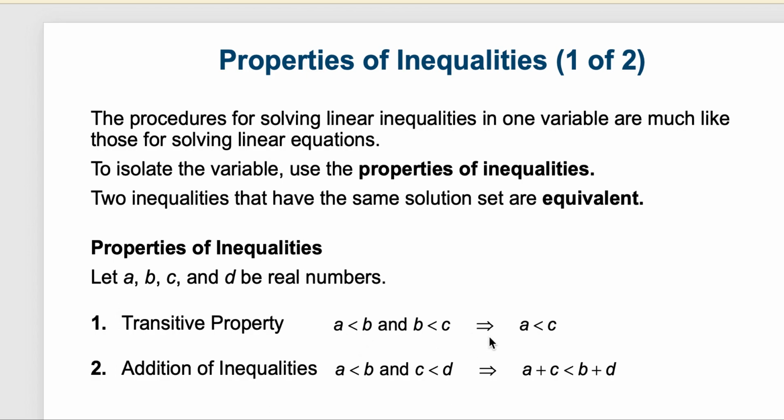You can deduce that A is less than C. You can also add inequalities. If A is less than B and C is less than D, then you can add A and C, and that will still be less than B plus D.